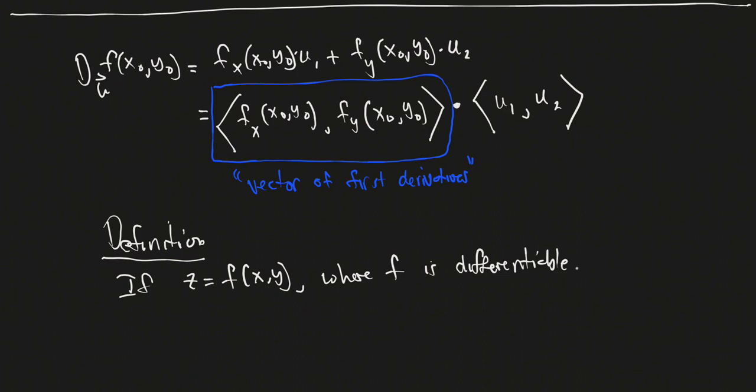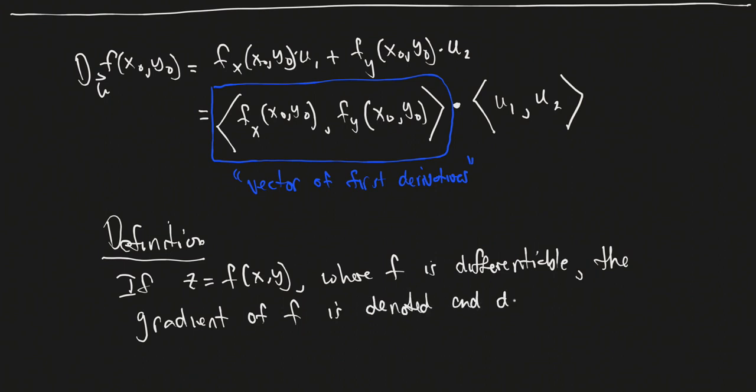So where our surface is differentiable, the gradient of f, and again, let's do the notation and the definition all in one, is denoted and defined as, and this is what it is.